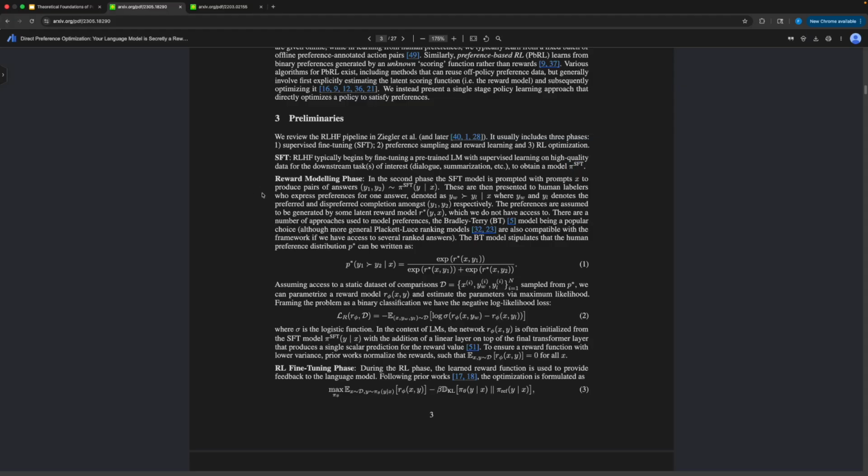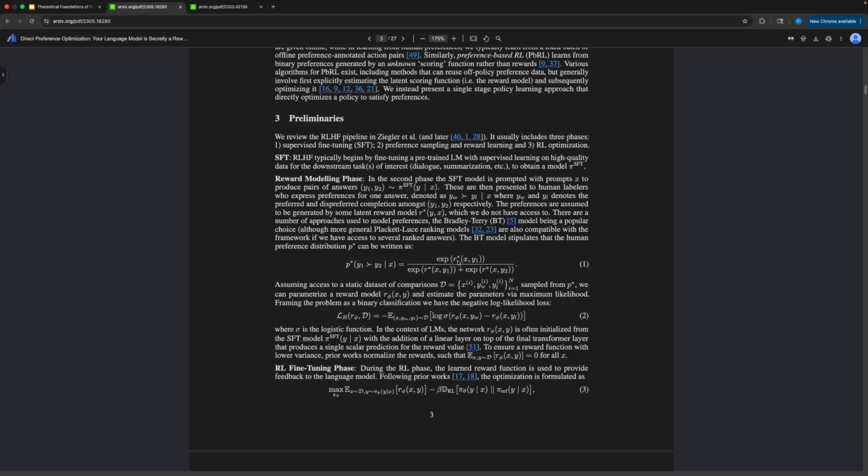The second part is the reward modeling phase, where you want to learn a reward model which is able to compare completions and say which is better, and that would be used finally in the RL fine-tuning stage. So, based on the Bradley-Terry model, the probability that your completion 1 is better than your completion 2 given your input x is just the ratio of the exponential of the reward for completion 1 upon the sum of the same scores for the two completions.